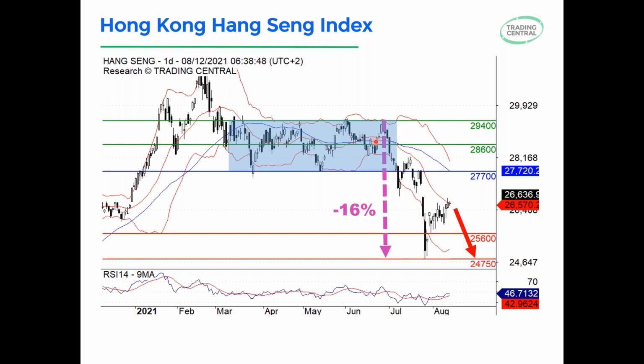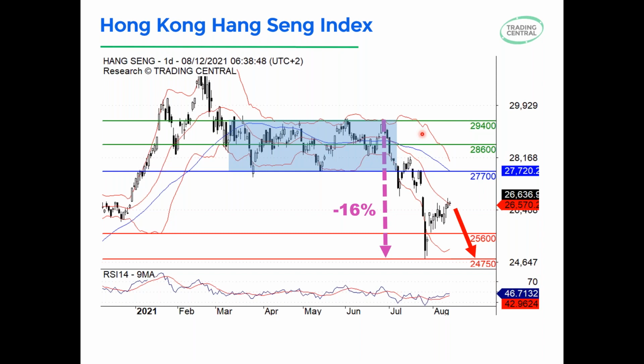As an analyst, or as a long-term investor or trader, we have to look at this bouncing range and the key level. If you see this key level here, 29,400 could not be surpassed for several months.